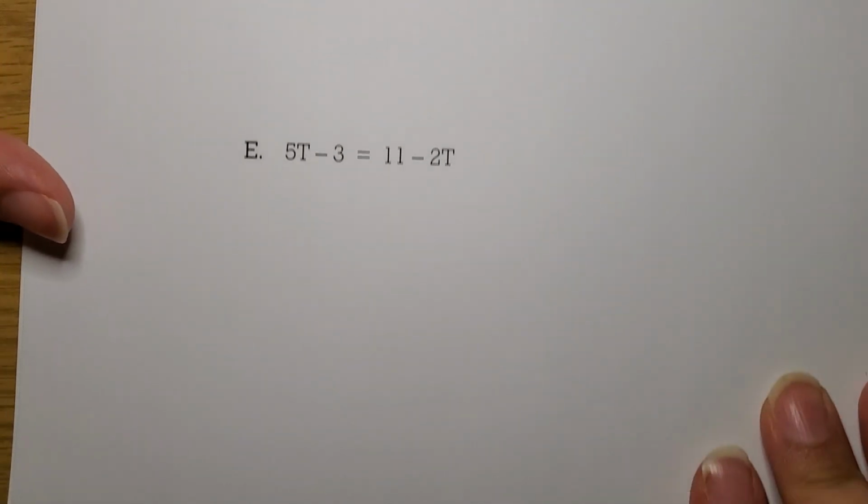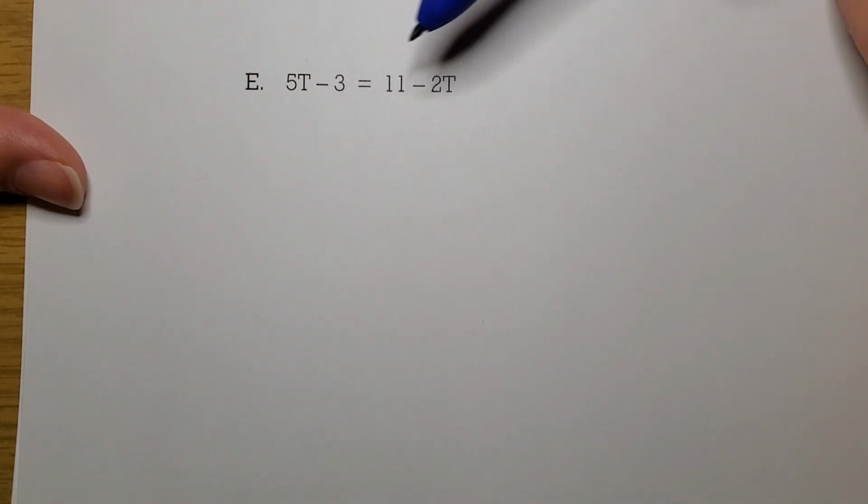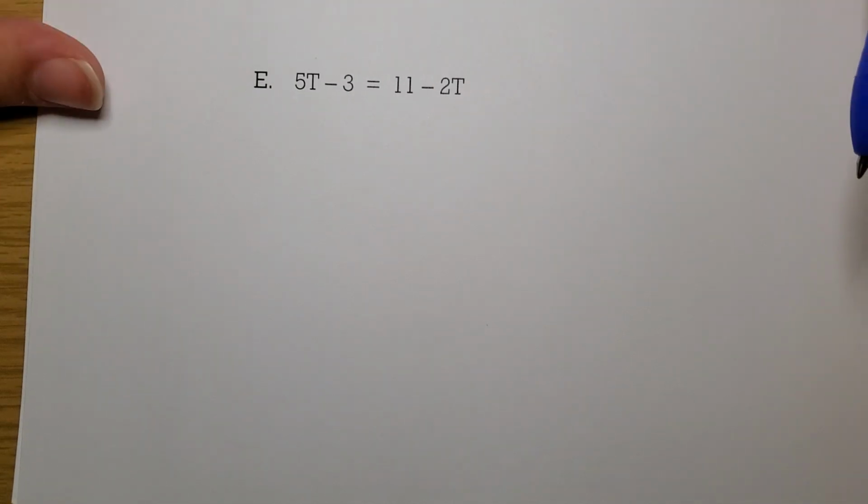Okay, so let's go ahead and do this next example. So we have 5t minus 3 equals 11 minus 2t. Oh golly, okay. So I'm noticing that I have t's on both sides and I have numbers on both sides. So I have to make a choice.